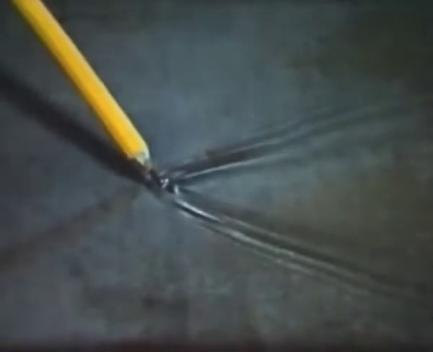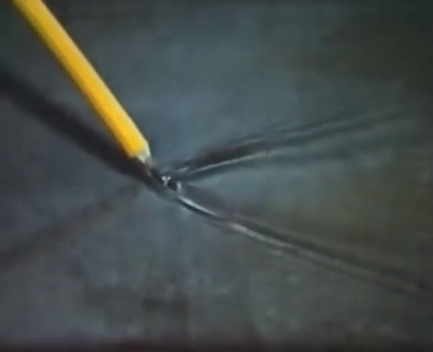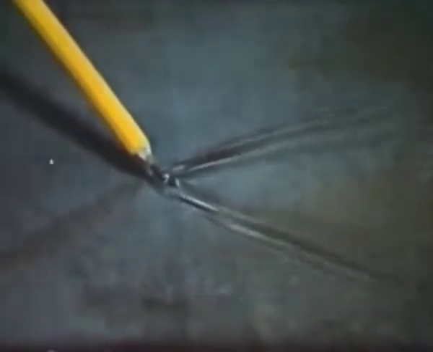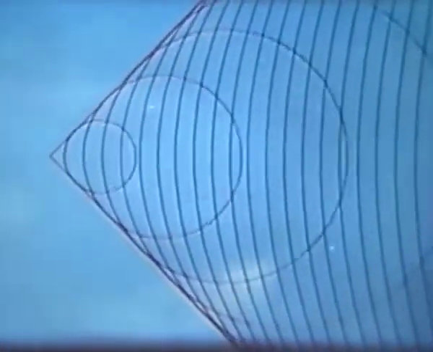Only the region inside the wave is influenced by the pencil point. The water outside this region flows on as though no disturbance existed. In the same way, the supersonic point can only affect the air lying inside the Mach lines, shown here in white. Ahead of the Mach lines, the air is undisturbed.